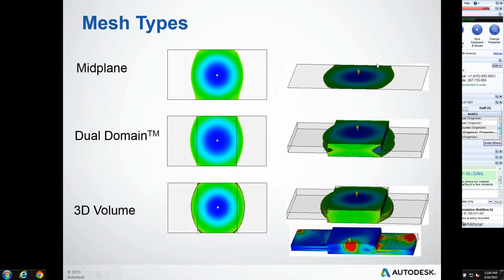These are all basically the same part. The midplane model looks like a flat sheet of paper. This is a traditional method that's been used for many years, and it's basically how these technologies started. It gives a pretty good representation, although it can sometimes be very clunky and difficult for complex shapes.